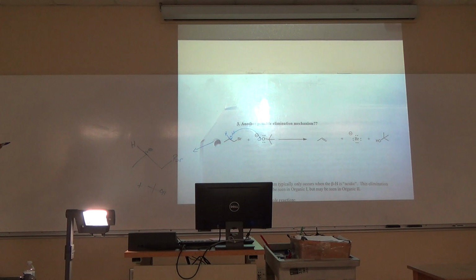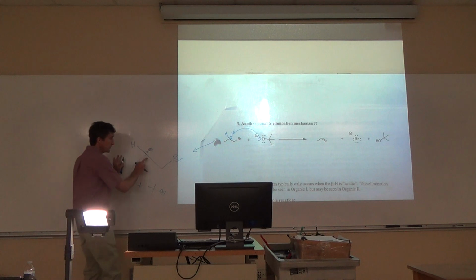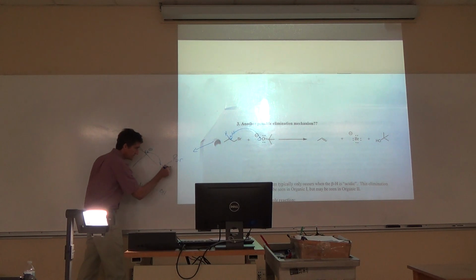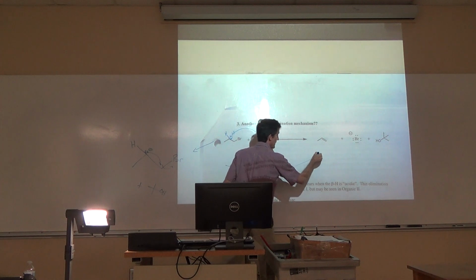And this could be an intermediate. Did we show such an intermediate in the previous two? So this is a third way we're doing it. Third possible mechanism. Then how could you go from here to products? Now if we just move these in and kick these out, we'd be home.